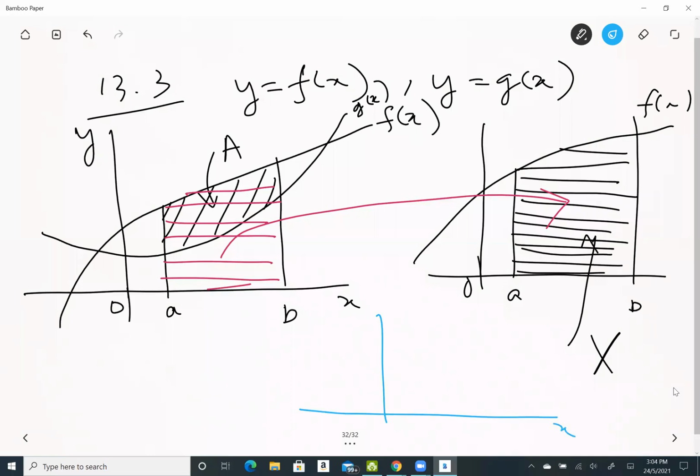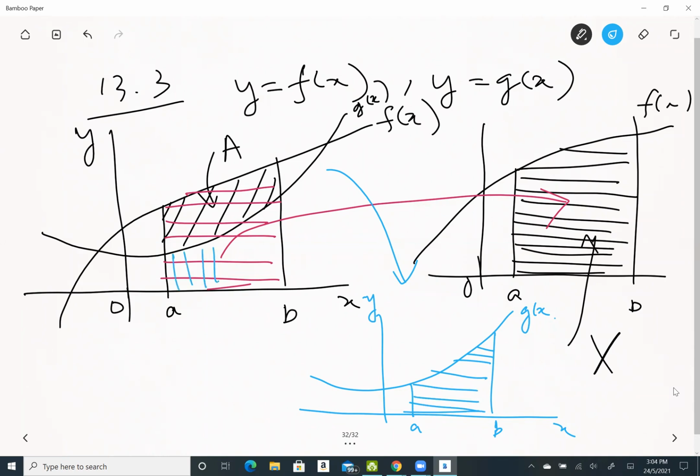Okay, I reproduce the g, it will be something like that. That means from here, and then you want the area from A to B. So the area under g of x from A to B is that area. This one.